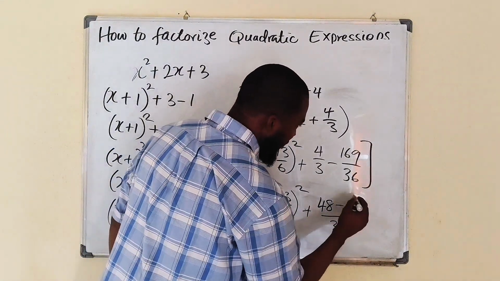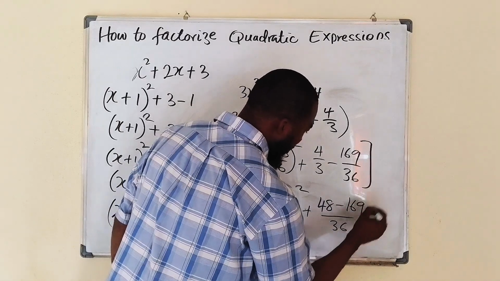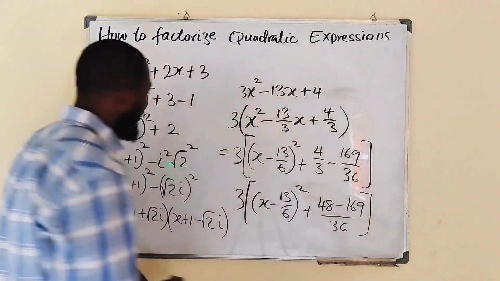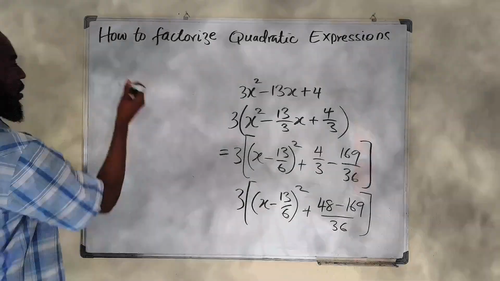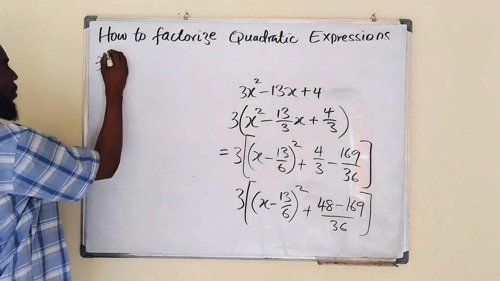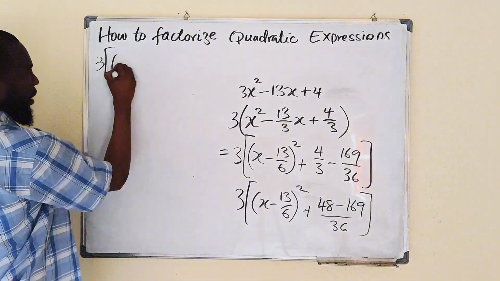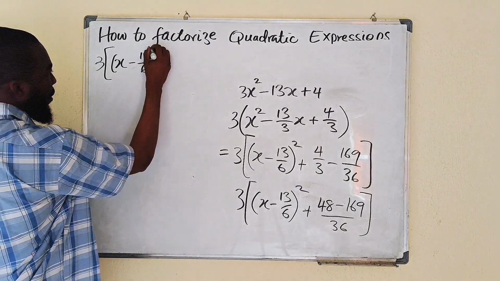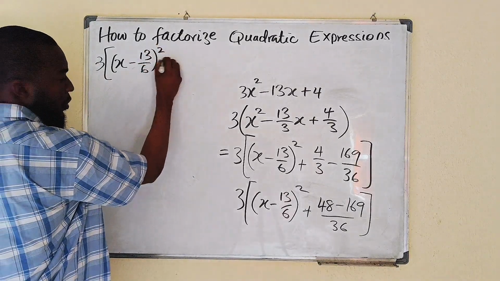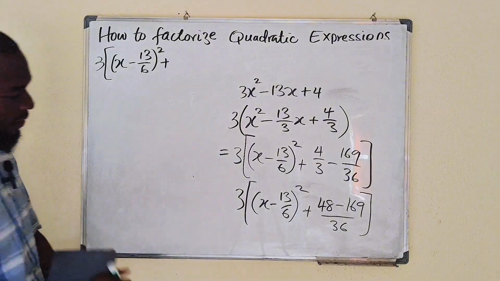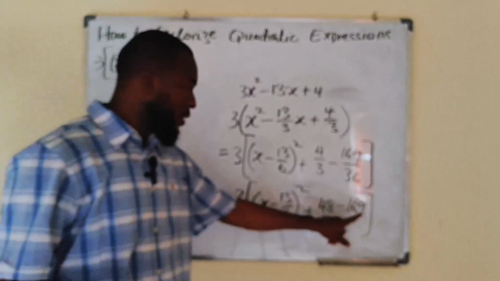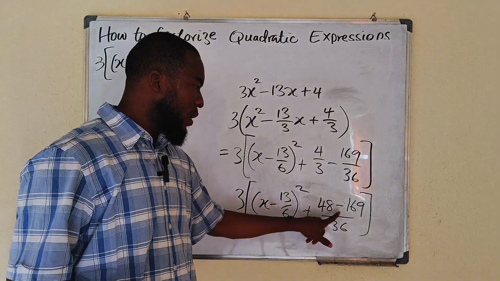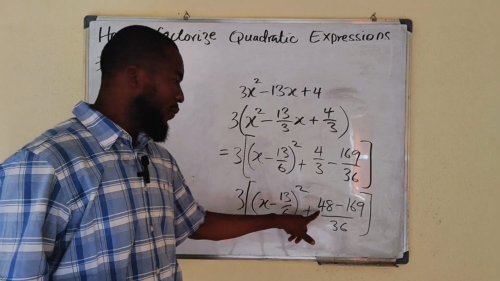Minus this into this is 169. Okay, let's continue to the other side. This is 3 multiplied by x minus 13 divided by 6 to the power of 2 plus, let me see, 9 minus 8 is 1, 6 minus 4 is 2.